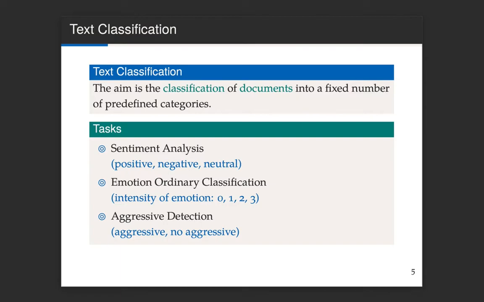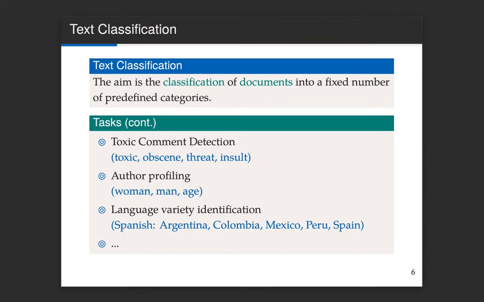Another one is emotion intensity classification, where you have a text and an emotion and you want to know the intensity of that emotion in the text. Or aggression detection, toxic comment detection. Related not to the text but to the author that produces the text is author profiling.